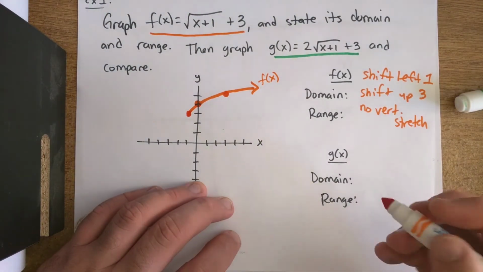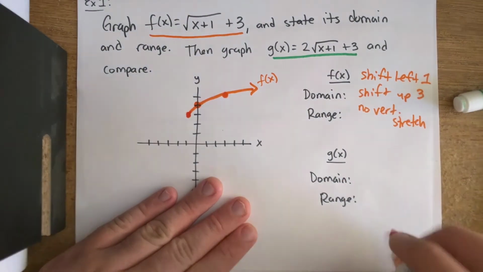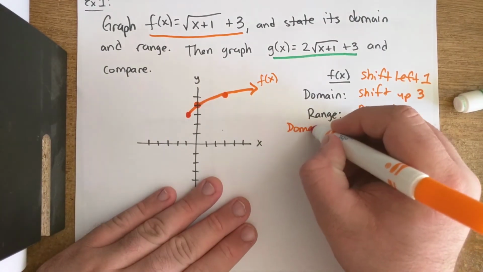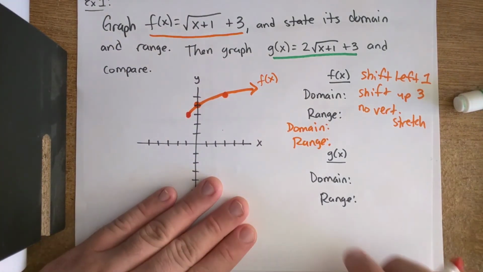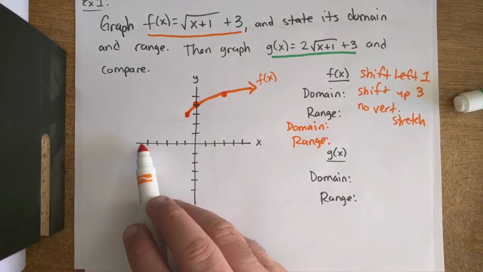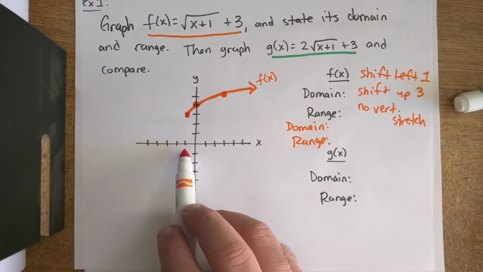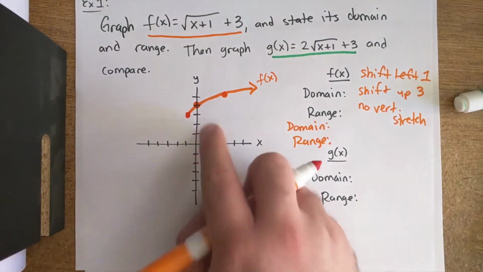Let's go ahead and do domain and range. I can't believe I wrote over that. So I'll just do it again right here. Domain and range. I apologize for that. For the domain, it's all your x values. If you look on the x-axis, this function starts at -1, and then it goes on forever.